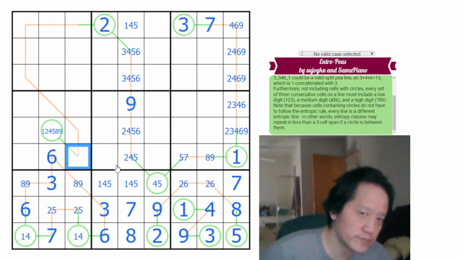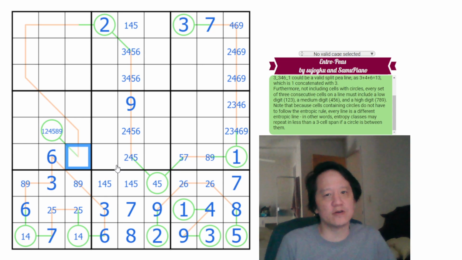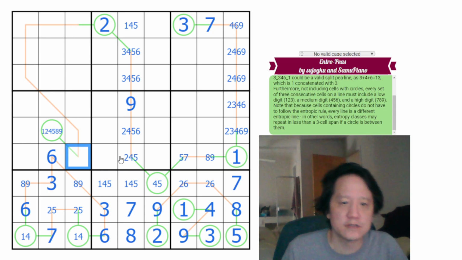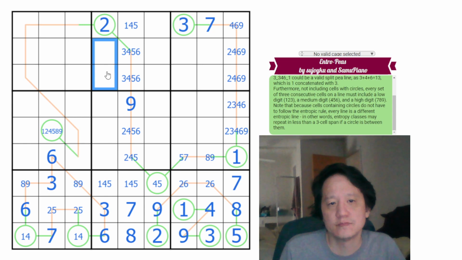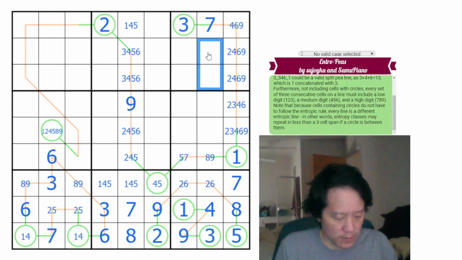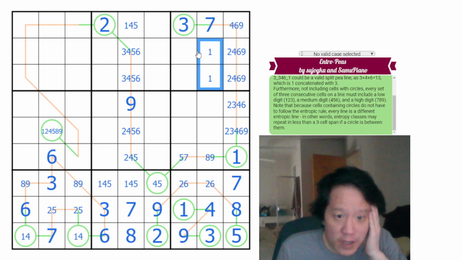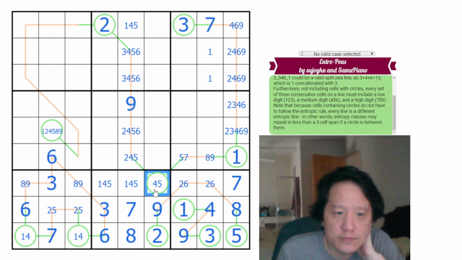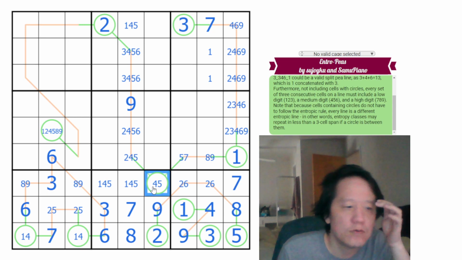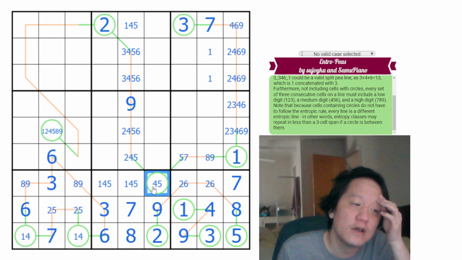Okay. So the 2 makes it fairly consistent. One of these is 1. If this is 5, oh. It doesn't matter, yeah.